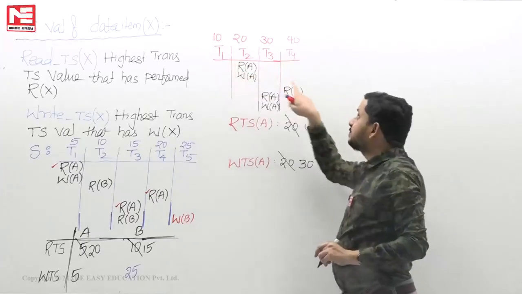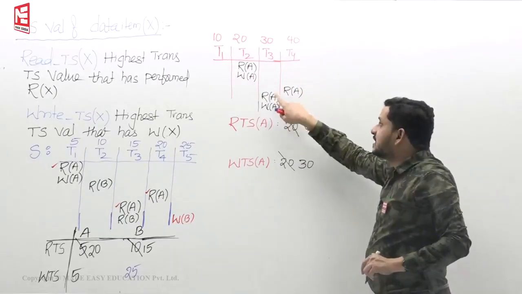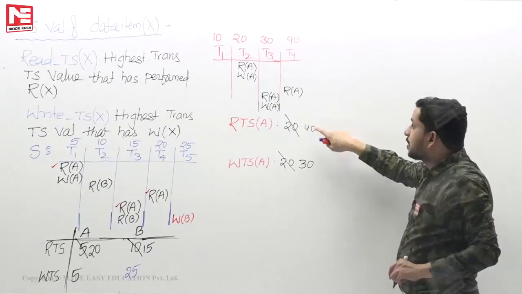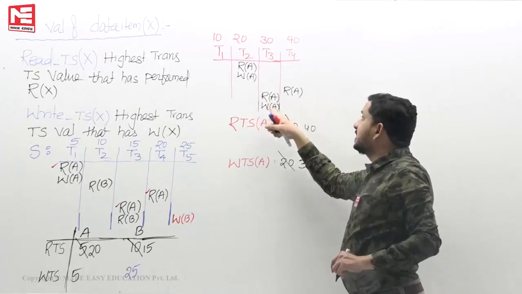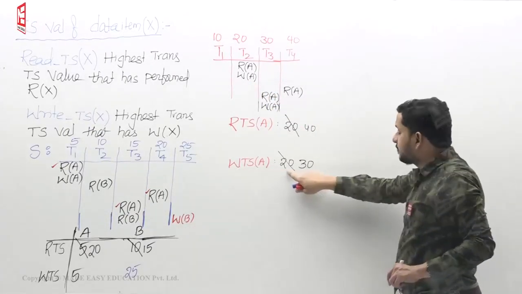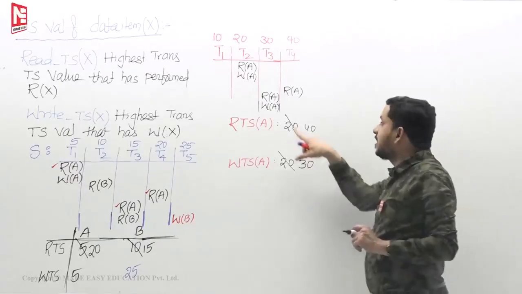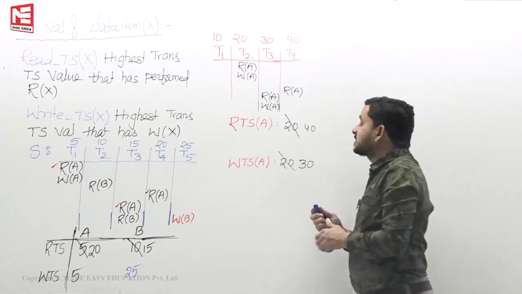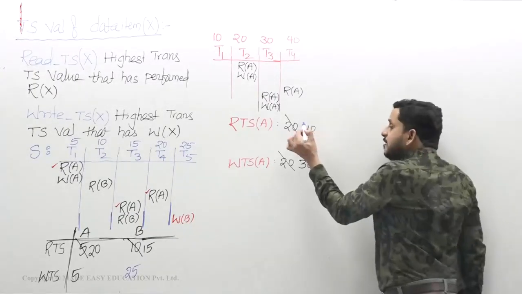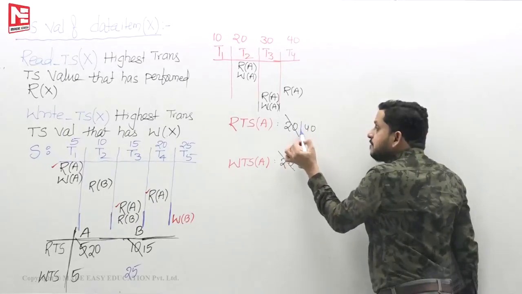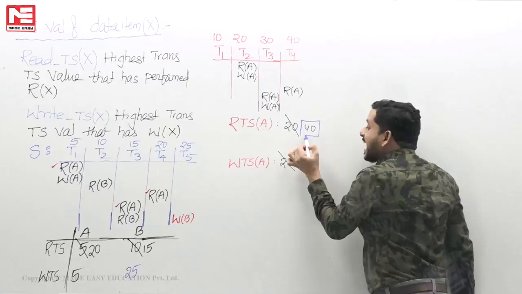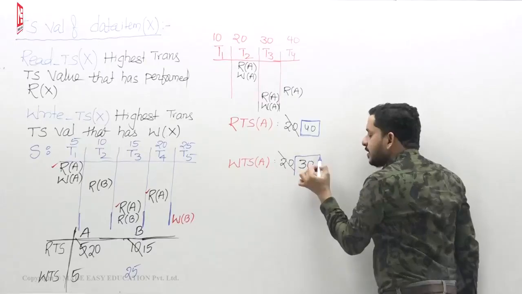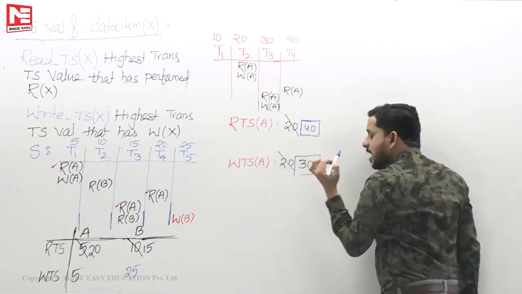See, T1 reads, T4 reads, T3 reads. The highest transaction timestamp value that did the read is T4. T2 writes, T3 writes. The highest transaction timestamp value that did the write of data item A is T3, timestamp value 30. So why did I discuss a separate example? There is a benefit of the timestamp value: it tells us who is the youngest transaction that has done a read or a write. So the write timestamp value of A is 30.